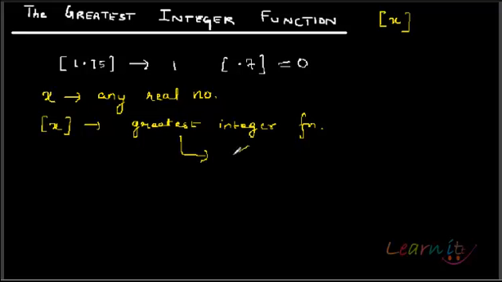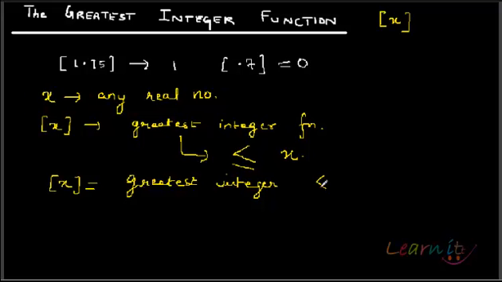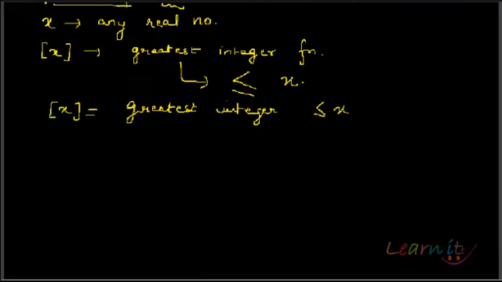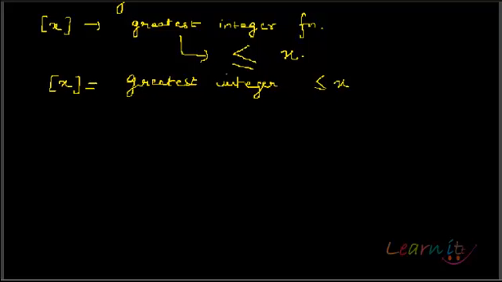Okay, greatest integer less than or equal to x, if x is the real number I'm looking at. So the greatest integer function of x is nothing else but the greatest integer which is less than or equal to that value x. Okay, x can be some decimal value, some fraction or anything, but not an integer probably. Okay, so that is what a greatest integer function is.